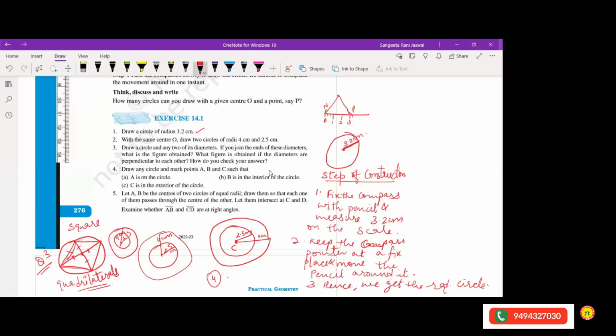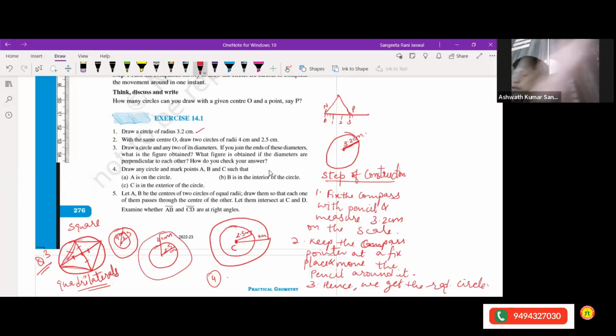Because the diagonal is showing the properties of a square. Yes, ma'am.